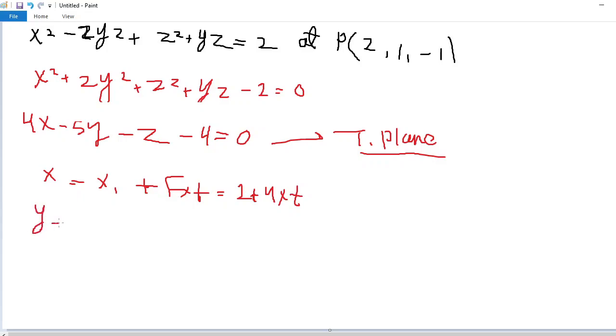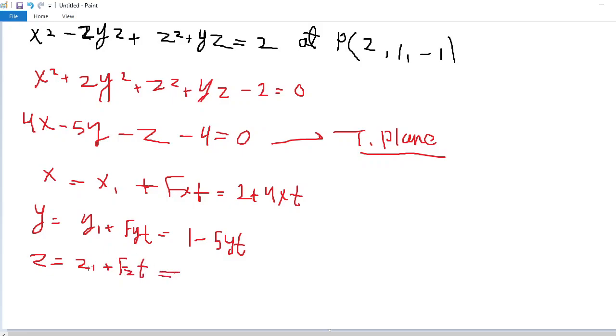Let's write for the y, for example. Y is going to be y1 plus fy times t. And then it's going to be equal to, the y1 is 1, so 1 plus, and here we have negative 5, so it's going to be negative 5y times t. Let's write, for example, for the z. Z is going to be z1 plus fz times t.